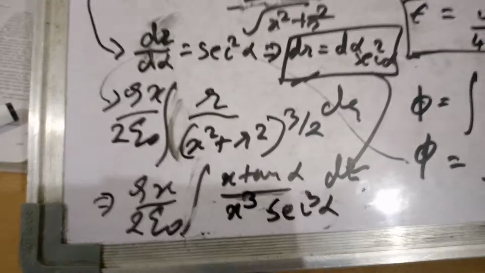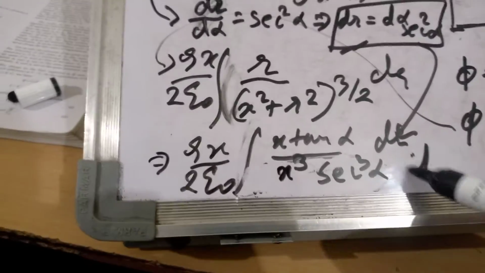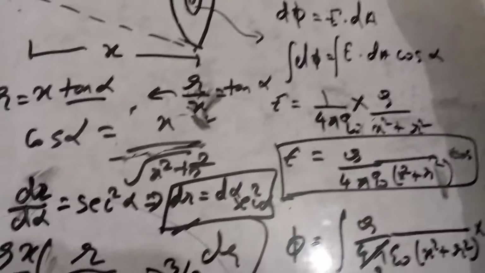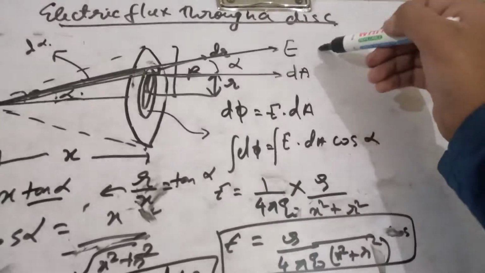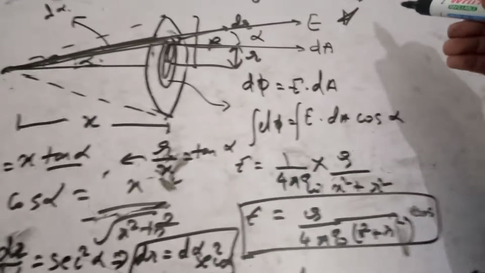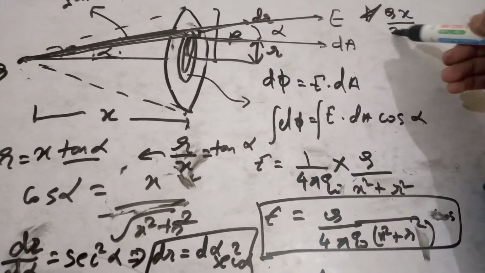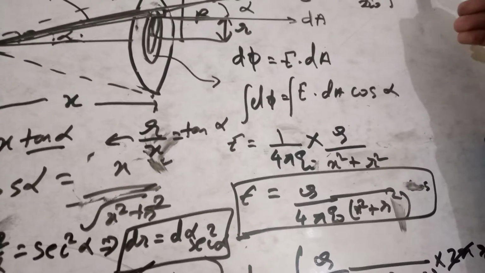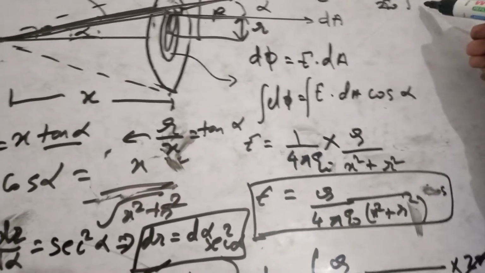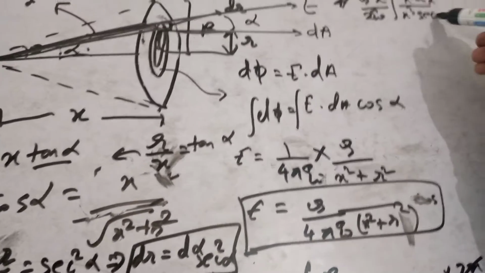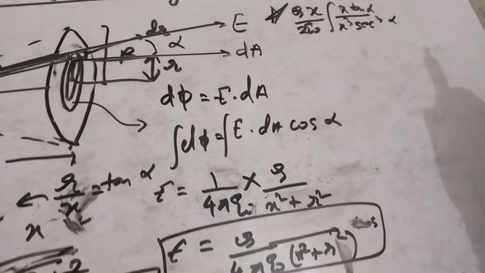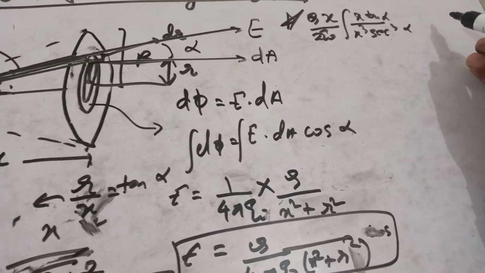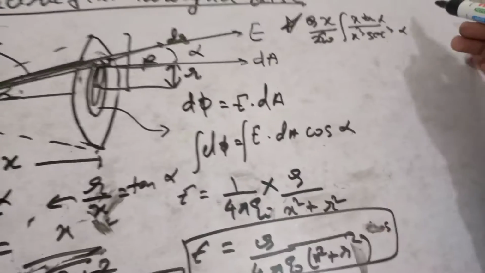So here it would be qx upon 2 epsilon naught into x tan alpha upon x cube sec cube alpha into sec square alpha d alpha.